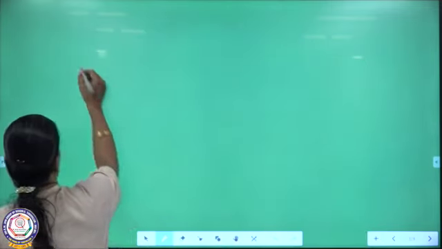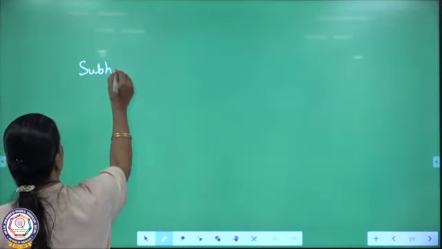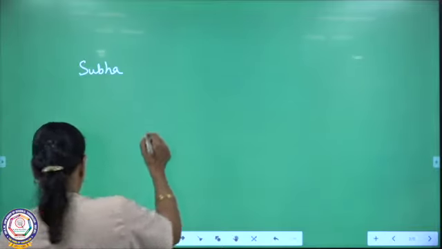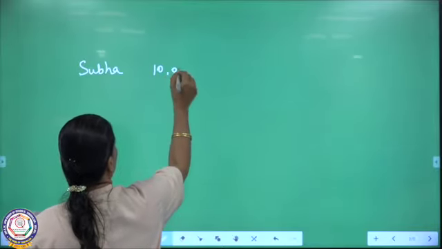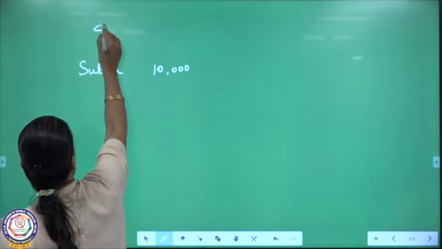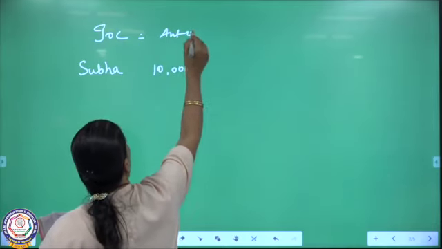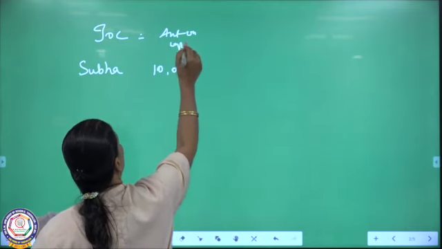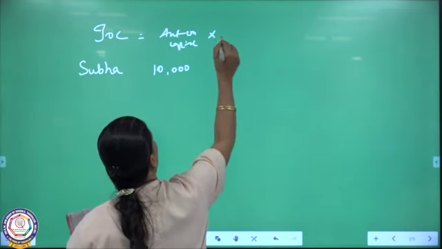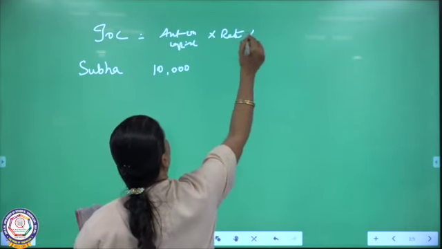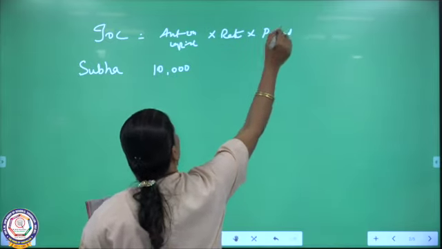So, first we have to calculate Shubha. How much is the opening capital? 10,000. Now, we are calculating interest on capital. So, amount of capital into rate of interest and period, isn't it? Do you remember that?